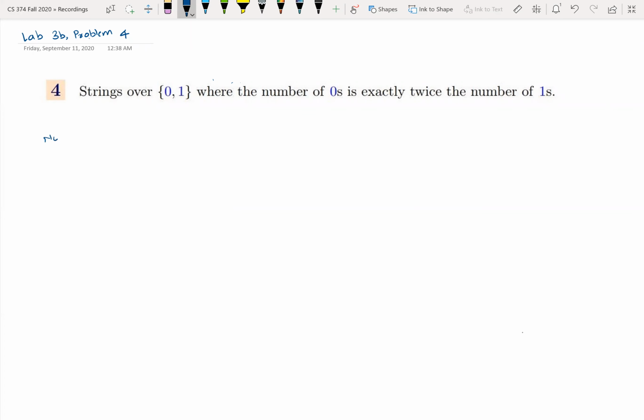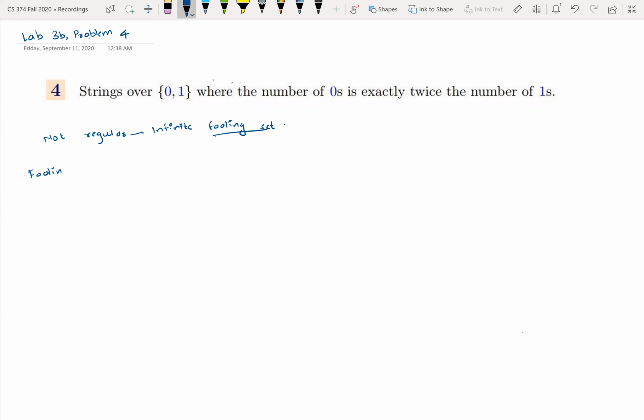To prove that a language is not regular, what we do is we give an infinite fooling set. So what do we mean by a fooling set?